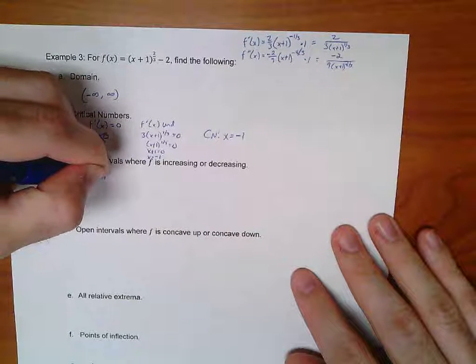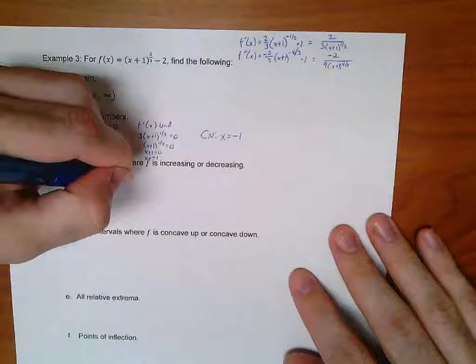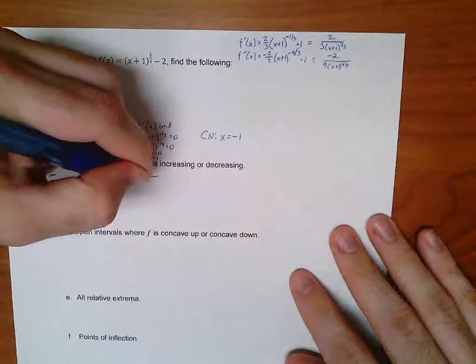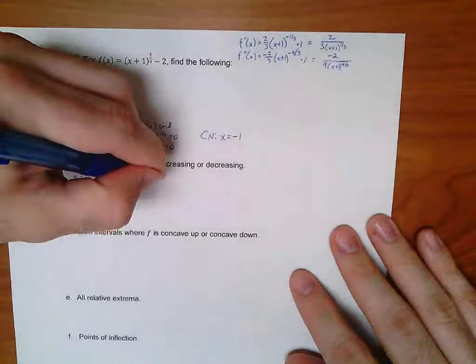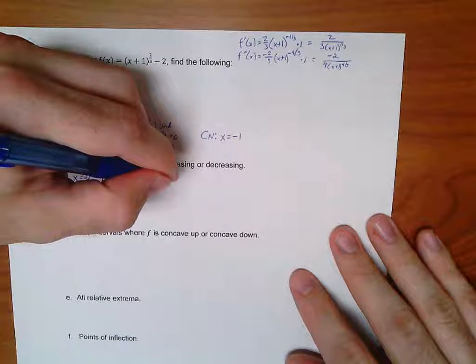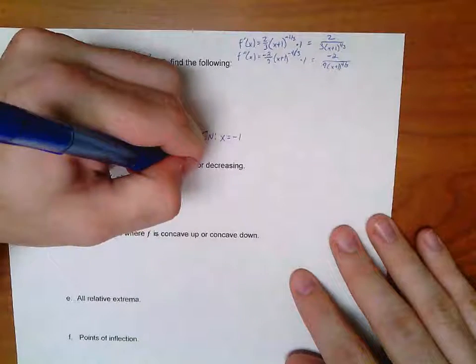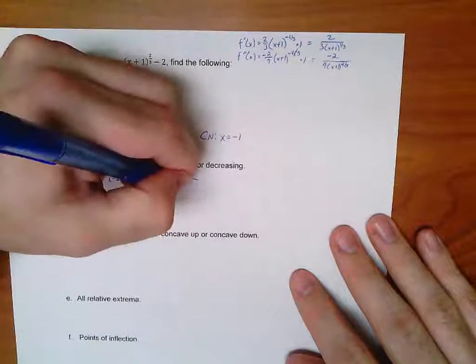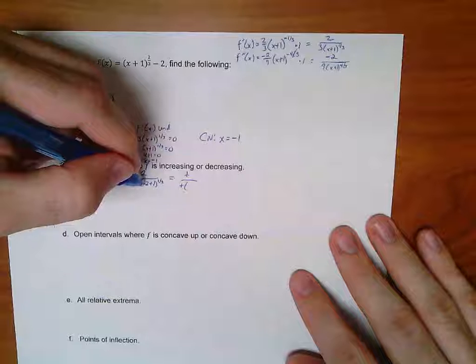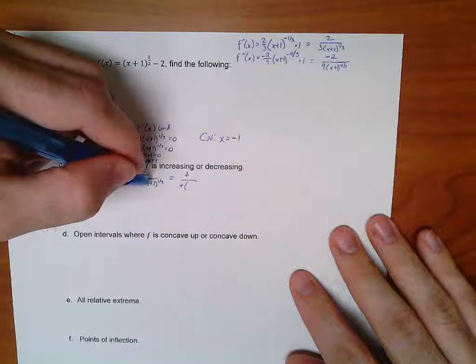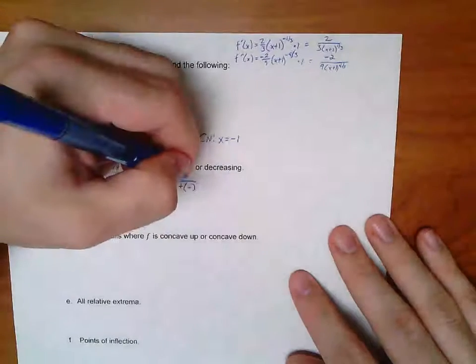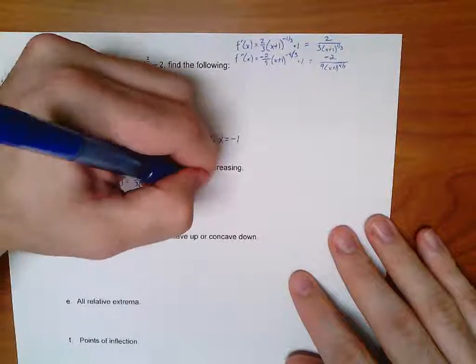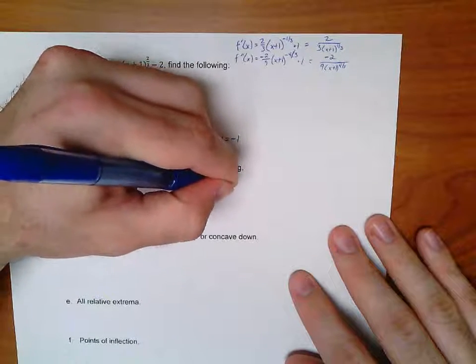Then f prime of negative 2 is 2 over 3 times (negative 2 plus 1) to the 1/3 power. 2 is positive, 3 is positive, negative 2 plus 1 is negative, and the cube root of a negative is negative. So we have positive divided by negative, so that's less than 0. So f is decreasing.